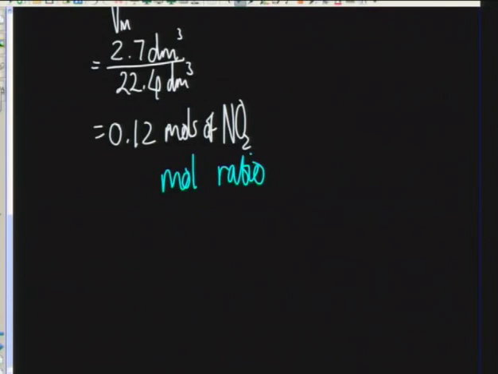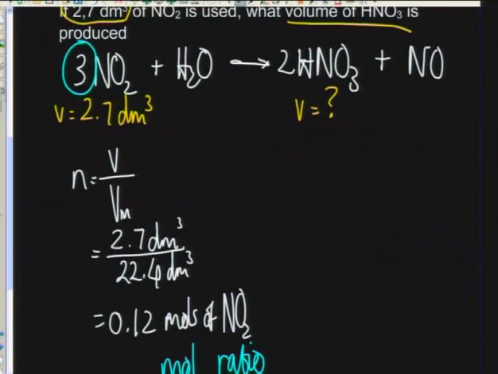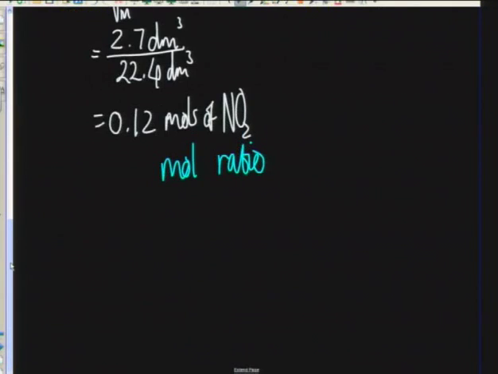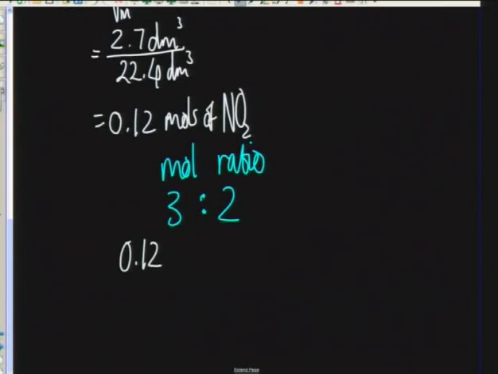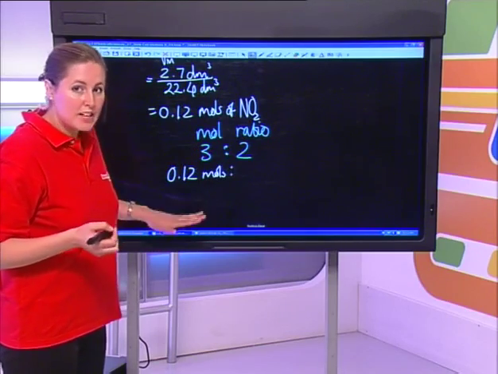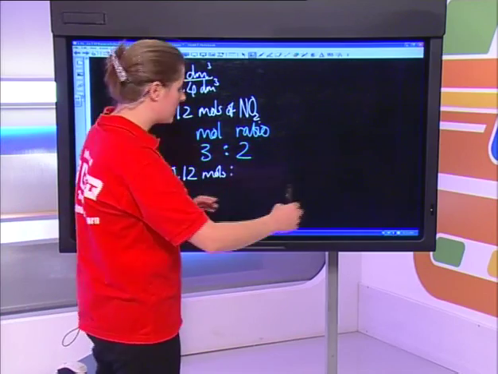So let's take this down and work with my mole ratio. What does the balanced equation say? The balanced equation says it is a 3:2 ratio. So I'm going to write that down. It is a 3:2 ratio, which means it's going to be 0.12 moles is to, how am I going to work that out? Well, firstly I need to divide by 3, and then if I want to move across to that side, multiply by 2.